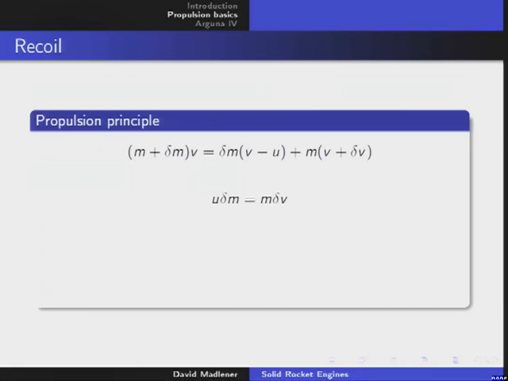Then you can reduce it by omitting all the terms that are double, and you divide it by the time necessary, delta t, and you get an equation that you can integrate from a starting time to an end time. So t0 is the start of the burn, and t1 is the end of the burn. On the right side, we just integrate the derivative of the velocity, so we get the difference in velocity. The left side is more difficult, and this is just a logarithm of the mass ratios.